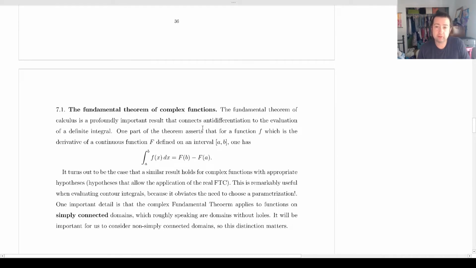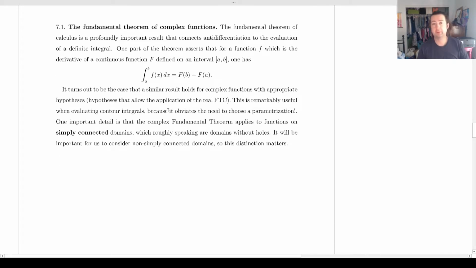Okay, so let's talk a little bit about the fundamental theorem of complex functions. So first off, what does the fundamental theorem of calculus say? To remind you, the fundamental theorem of calculus, which is so important that it's called fundamental, gives you a way of evaluating definite integrals. A definite integral in the real calculus interpretation is a way of describing the signed area underneath a curve.